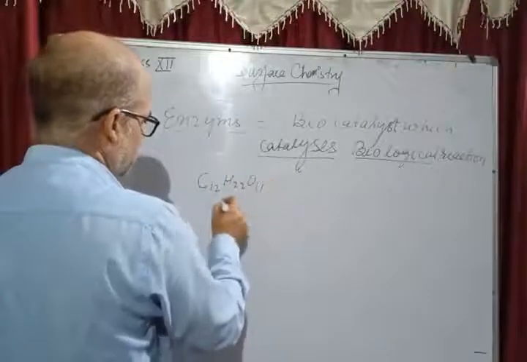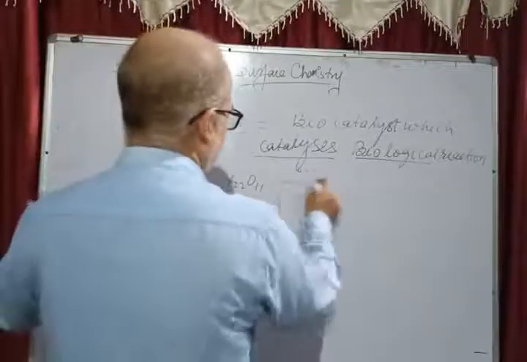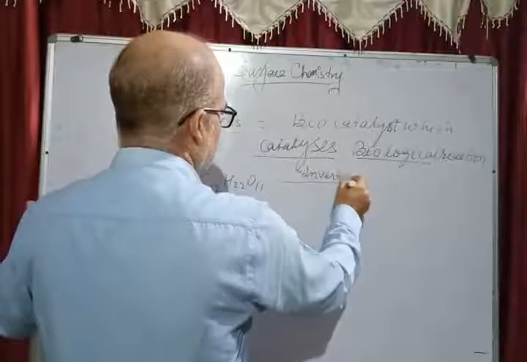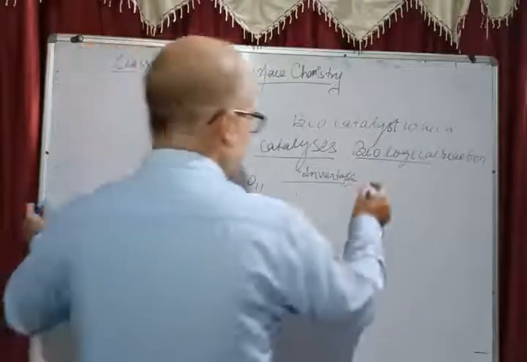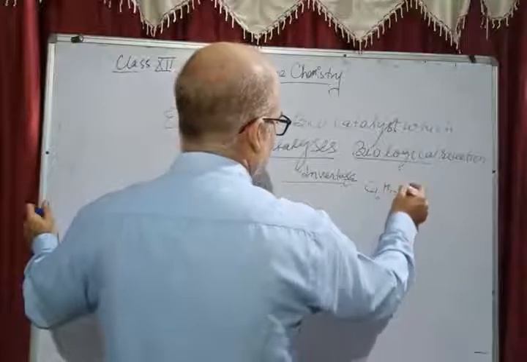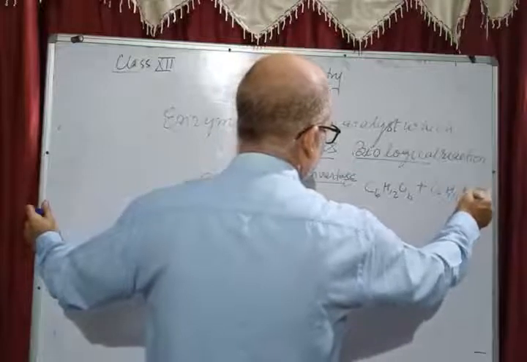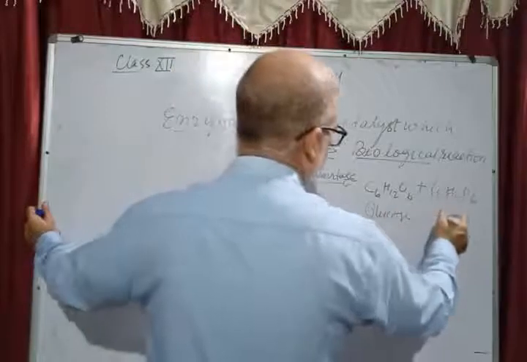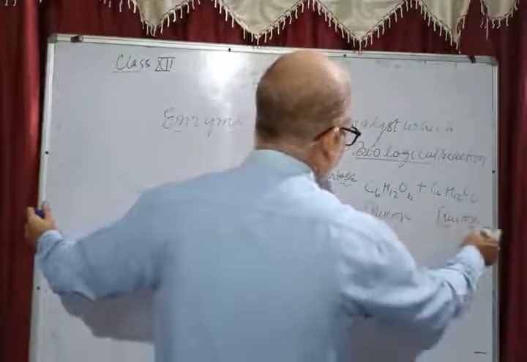Suppose this one is C12H22O11, this one is the sucrose. Okay, in presence of invertase enzyme, it is converted into C6H12O6 and C6H12O6. This one is glucose and this one is fructose. Okay, these are two different compounds.